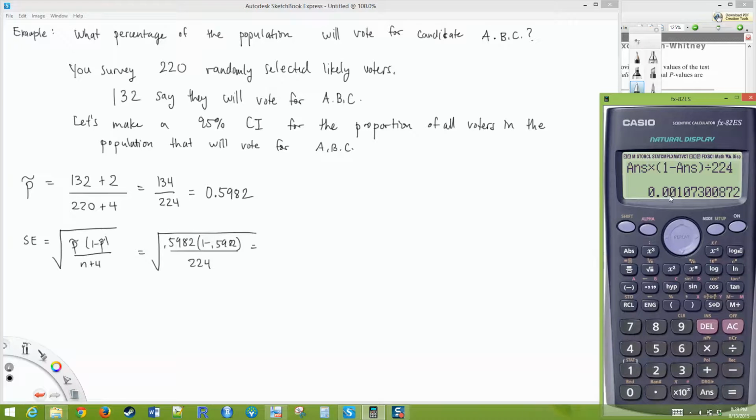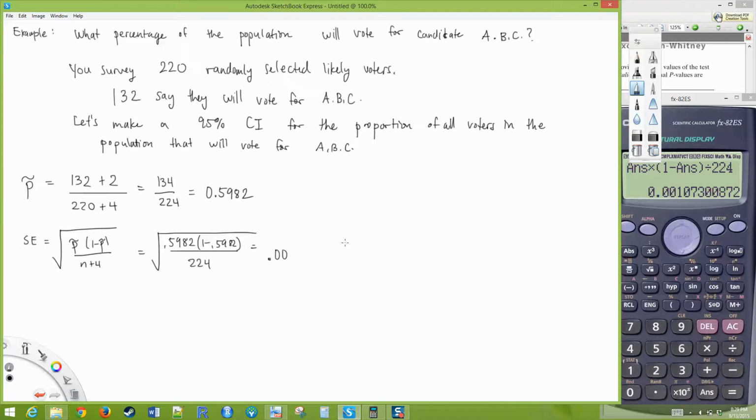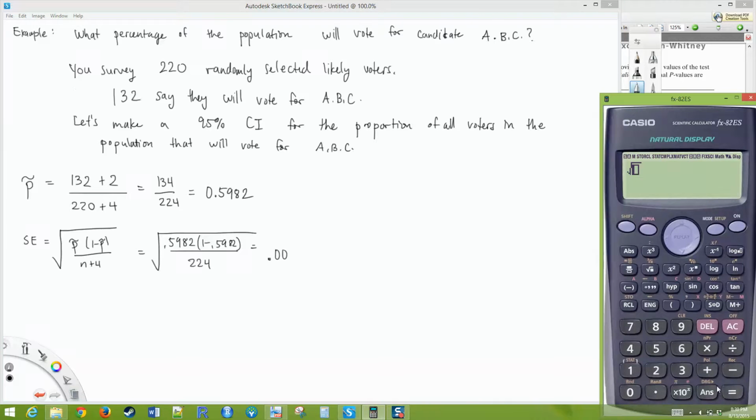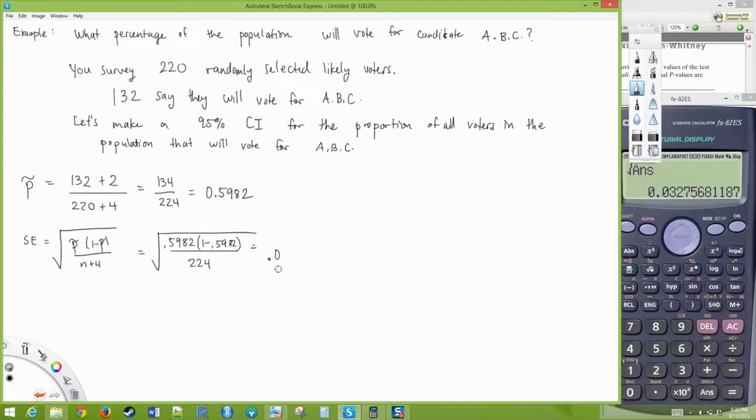I get 0.00107. Oh, I forgot to take the square root of that. Okay, I get 0.03275, or 276.